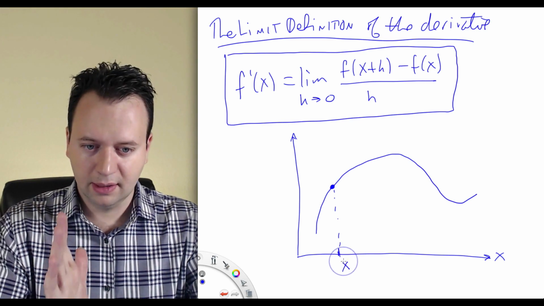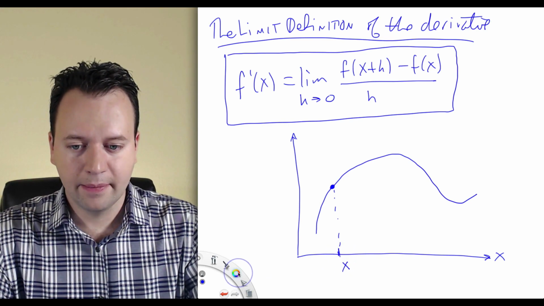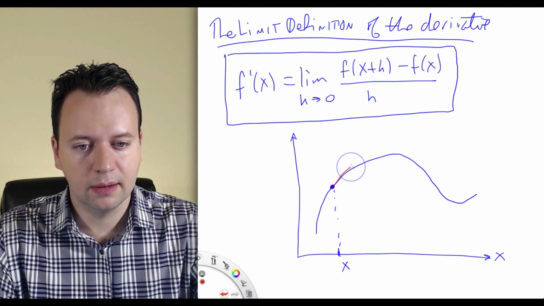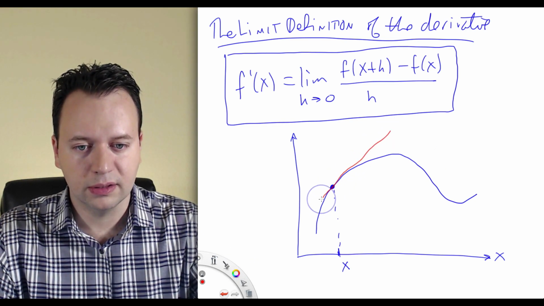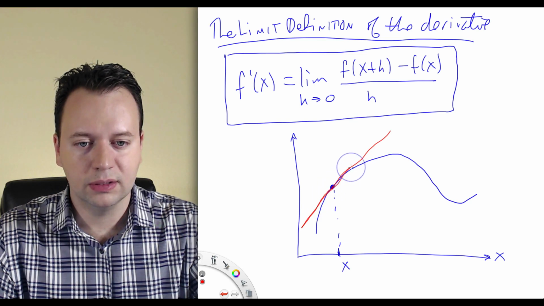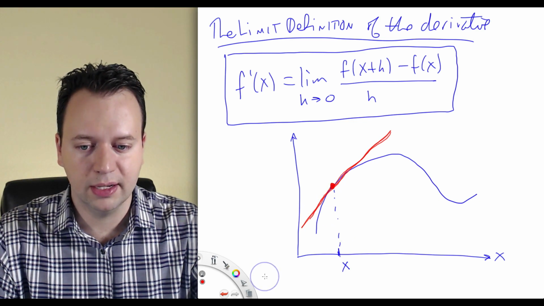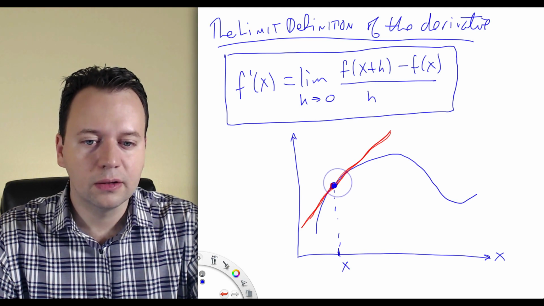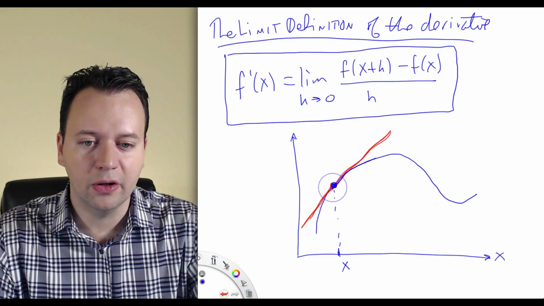So this is a fixed x value, and the tangent line looks like this. It's the line that just touches the graph tangentially. So the graph is always just slightly below that line.